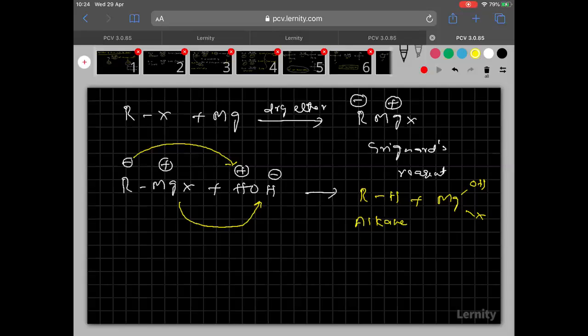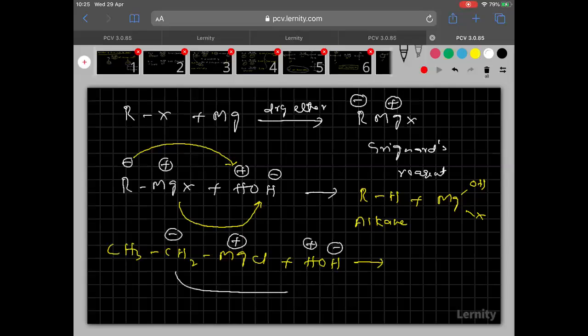So to explain this one, let me take one equation so that it will be clear to you. So see clearly, CH3CH2MgCl, this is Grignard. So this when treated with water, just now I told you, MgCl gets the positive charge, R will be having negative charge, water contains H plus and OH minus. So this combines with this one. Then what is the alkane that we get?